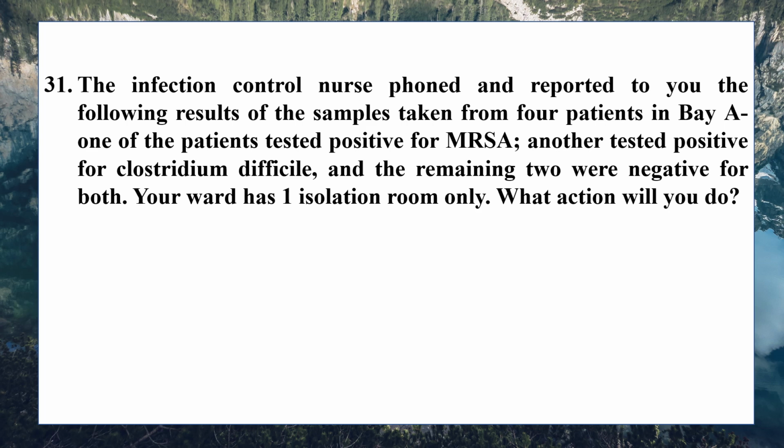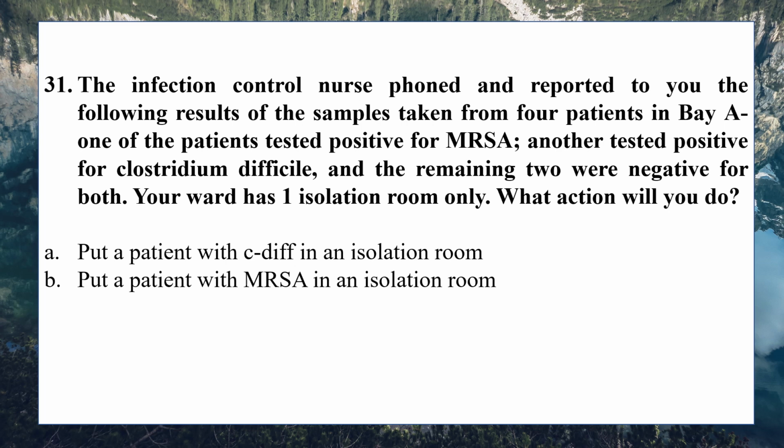The infection control nurse found and reported to you the following result of sample taken from 4 patients in Bay A. One of the patients tested positive for MRSA, another tested positive for Clostridium difficile, and the remaining 2 were negative for both. Your ward has one isolation room only. What action will you do? Option A. Put a patient with C. difficile in an isolation room.